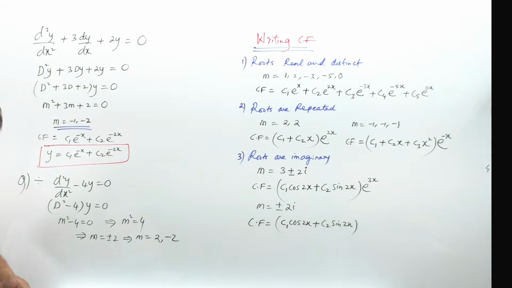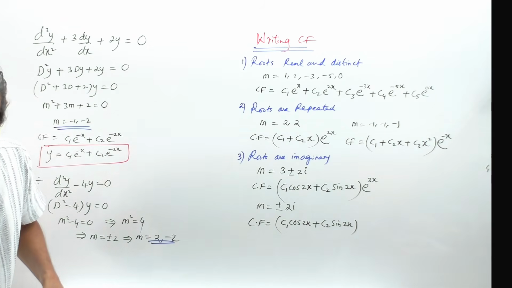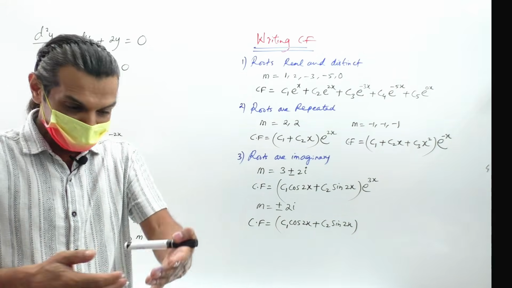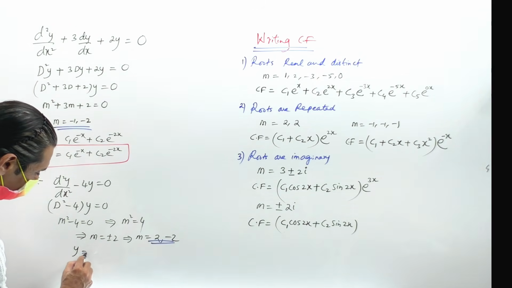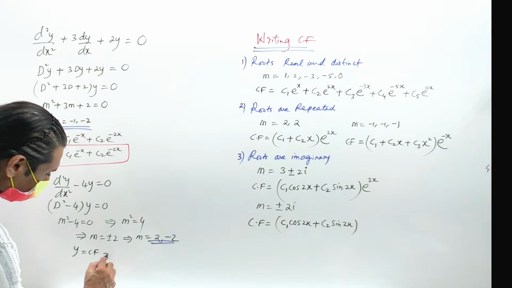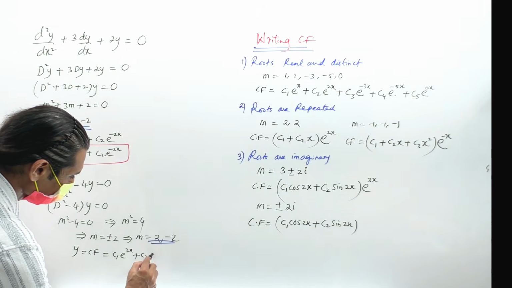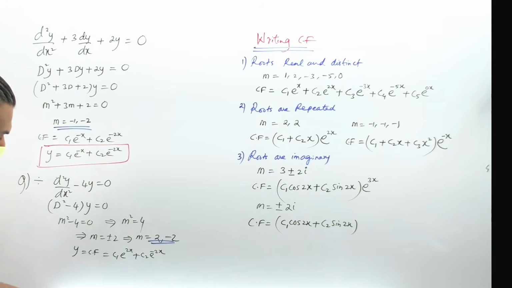These are the roots obtained here. 2 is different, minus 2 is different. Therefore, the solution is the CF. Y is equal to CF, that is equal to C1 e raised to 2x plus C2 e raised to minus 2x. That's all. That's the solution.